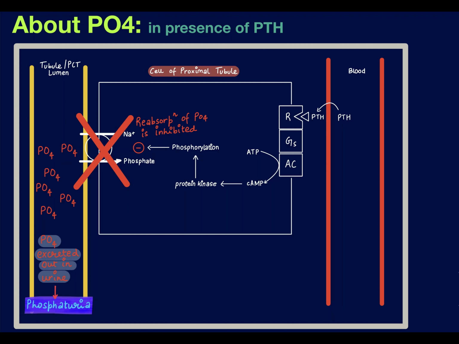Thus, we can see that PTH hormone prevents phosphate reabsorption, thus leading to increased phosphate excretion in urine and decreased serum phosphate levels.